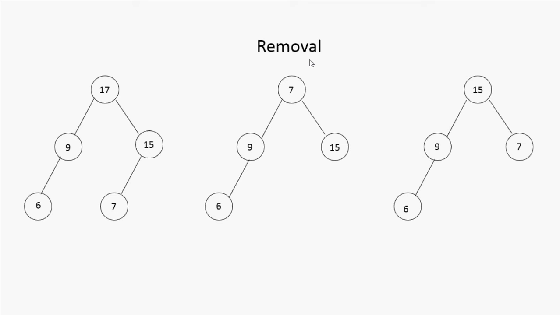With the maximum binary heap, you can only remove the biggest node, and after you remove the biggest node, you replace it with the leftmost of the right child. As you can see, it's 7 right here. You replace 17 with 7, and then you perform recursion. You check whether 7 is actually the biggest node, because if it is not, then you have to swap it, just as we did before.